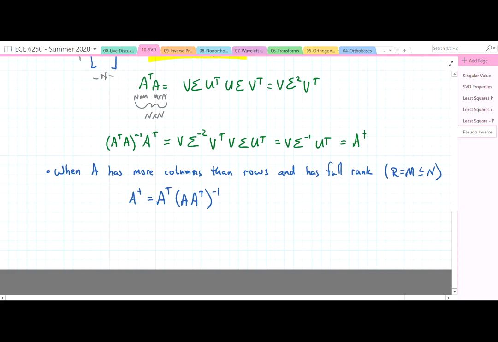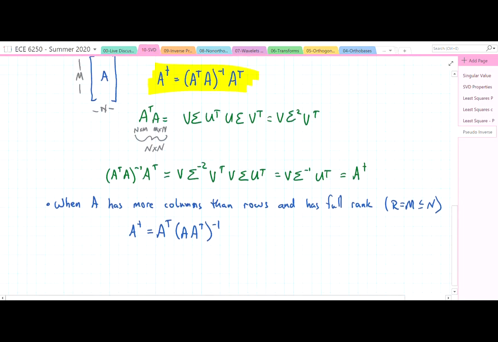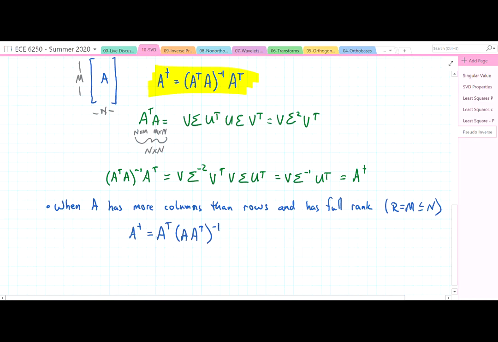So we can go through the same analysis that we did above in green and show that we do indeed get A dagger in this case. But you notice that this expression is different than the one above, mainly in that it changes the order.